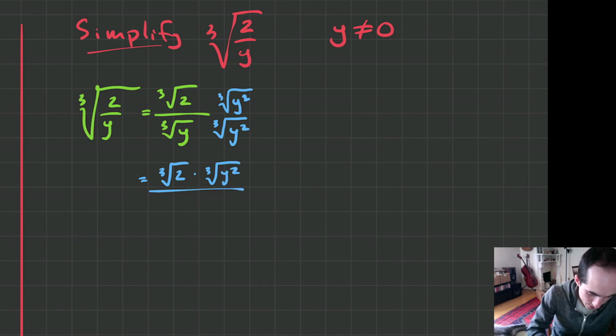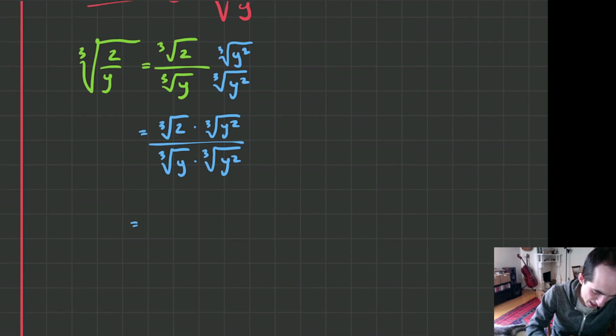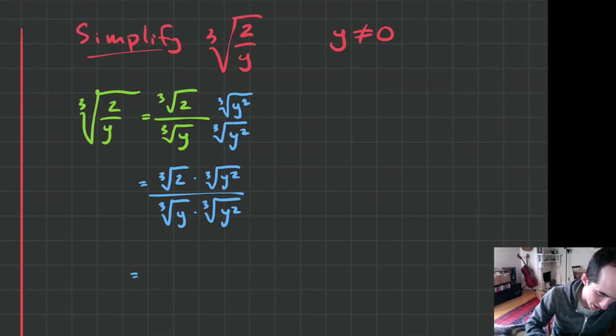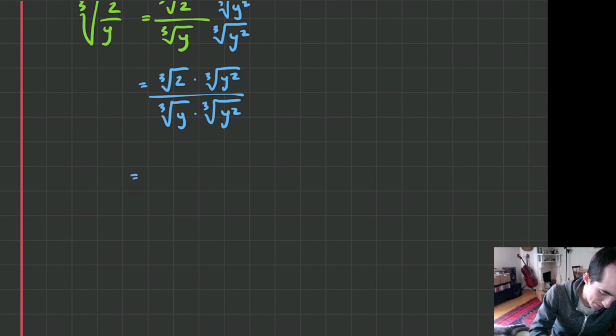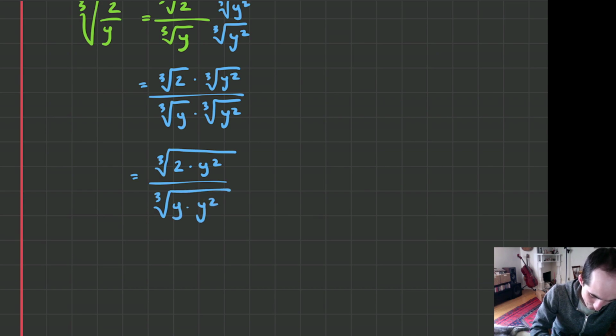Now in the denominator, we're going to get the cube root of y times the cube root of y squared. And when we simplify that, I guess I didn't really change anything there. Let me write it one more time. The numerator is equal to the cube root of 2 times y squared, which is fine. And the denominator is equal to the cube root of y times y squared.